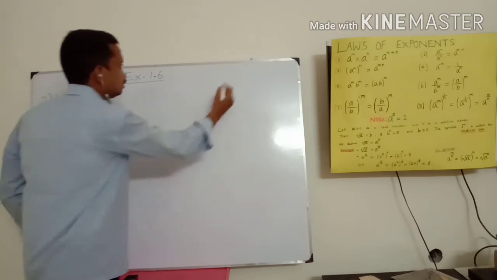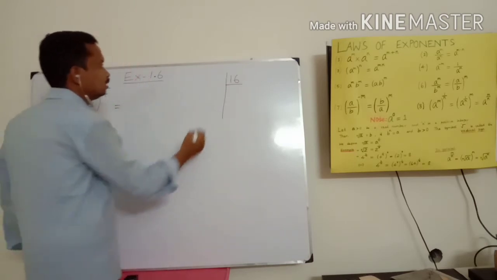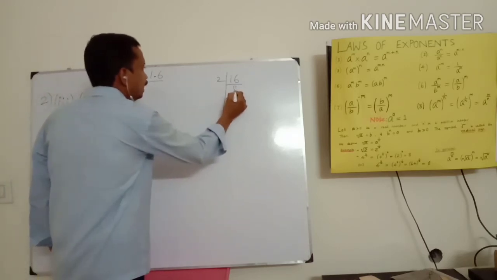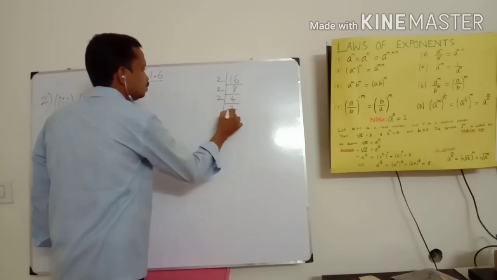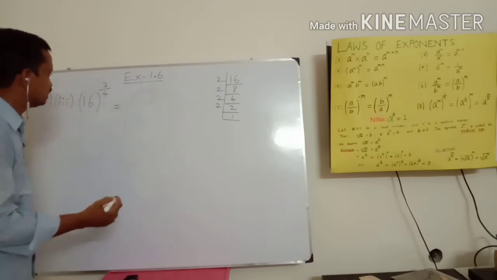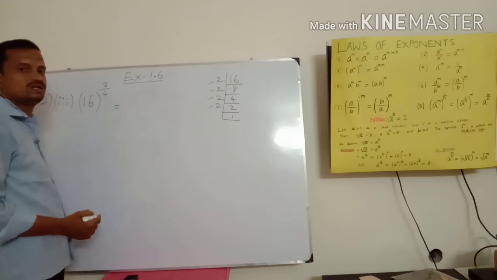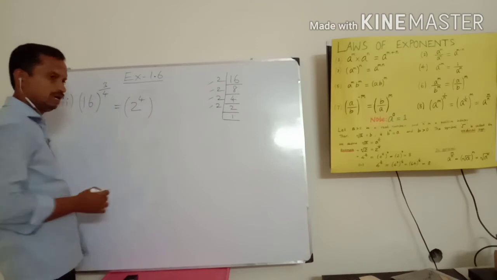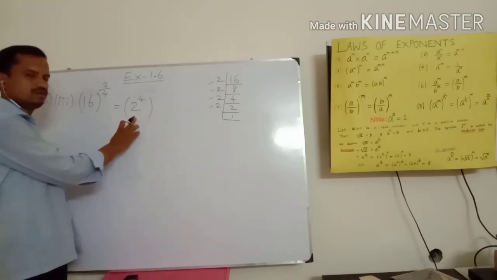Just do the division and find the prime factors. 2 8s are 16, 2 4s are 8, 2 2s are 4, 2 1s are 2. So we can write 16 as 2 into 2 into 2 into 2, that means 2 power 4. 16 is nothing but 2 power 4, so we have written 16 in exponent form as 2 power 4.